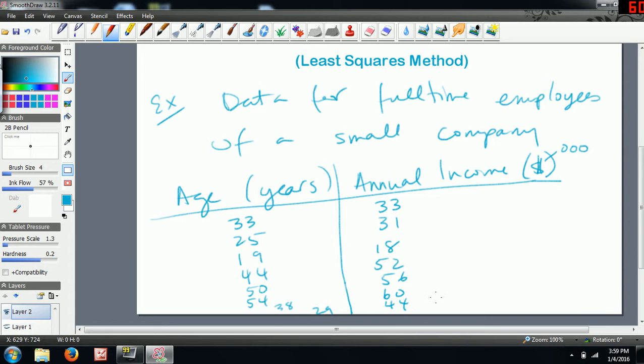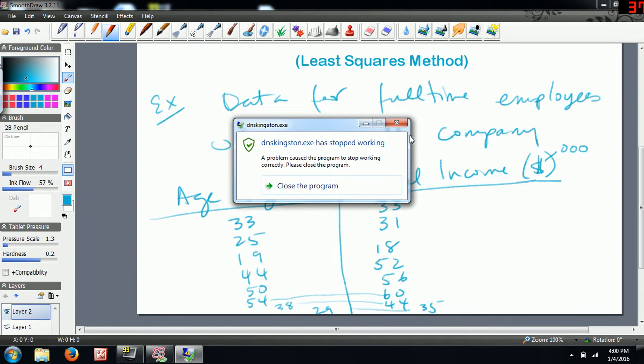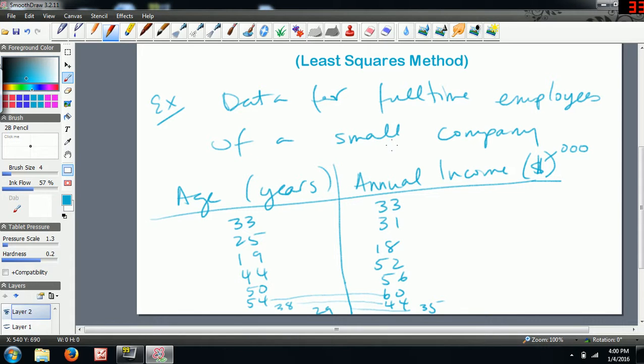And then 29 years old, and they make 35,000. So that goes with that, that goes with that, that goes with that. You're given this data, these are all in thousands, and you're asked to find the equation of best fit for this data. Okay?